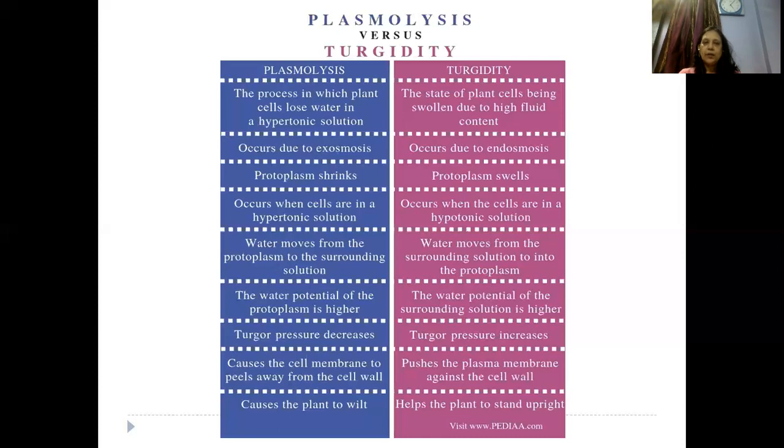Then the turgor pressure decreases in case of plasmolysis, whereas the turgor pressure increases in turgidity. So what happens to the cell membrane? It peels away from the cell wall, whereas in turgidity it pushes the plasma membrane against the cell wall. That means the pressure is being created against the plasma membrane and the cell wall.